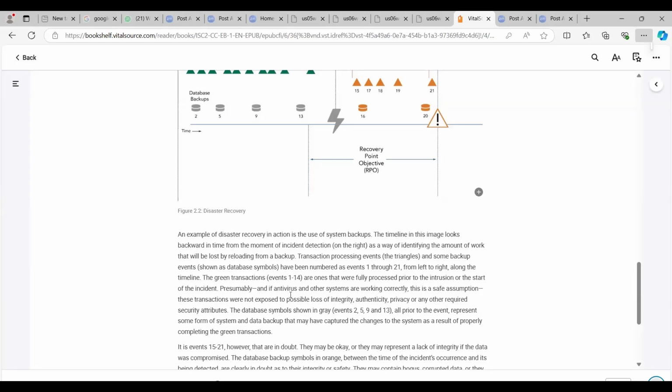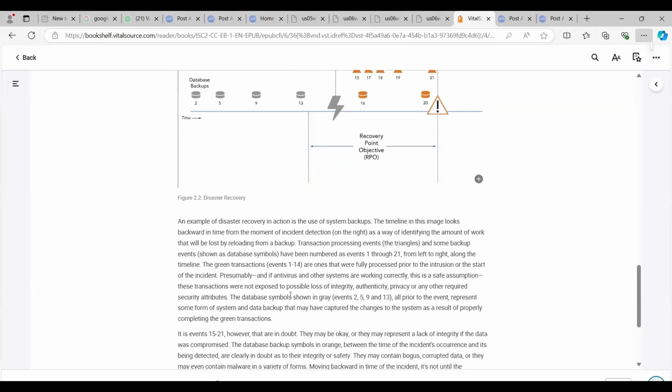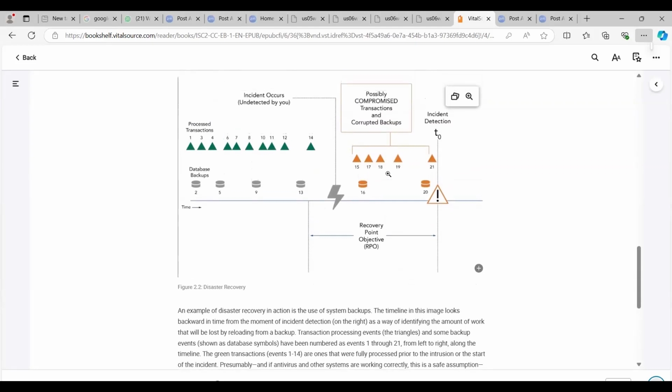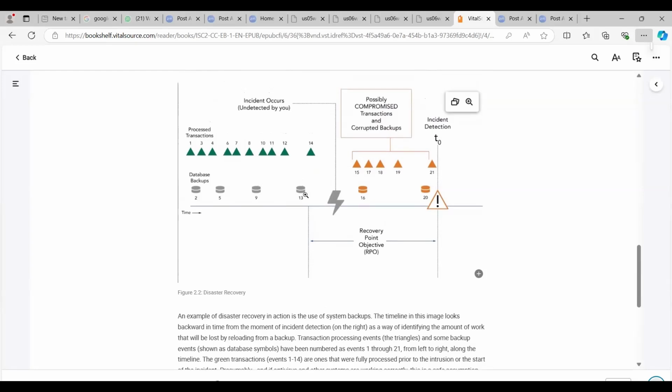These transactions were not exposed to possible loss of integrity, authenticity, privacy, or any required security attributes. The database symbol shown in gray, event 2, 5, 9, and 13.